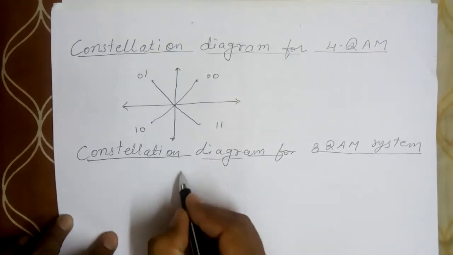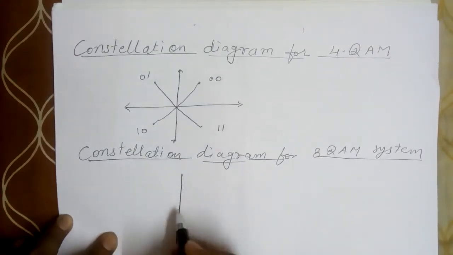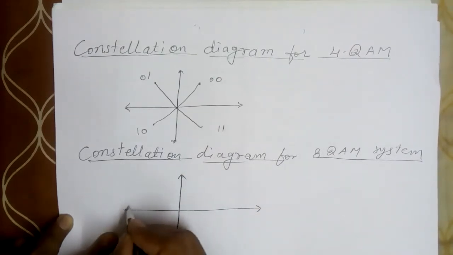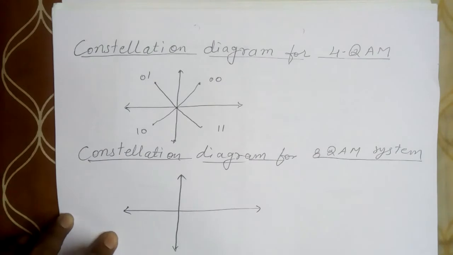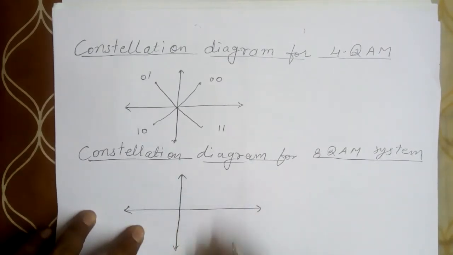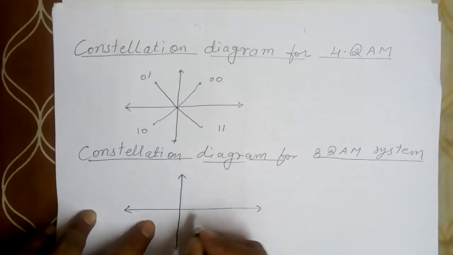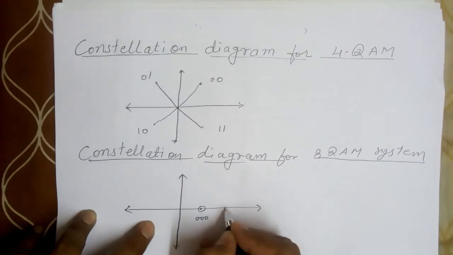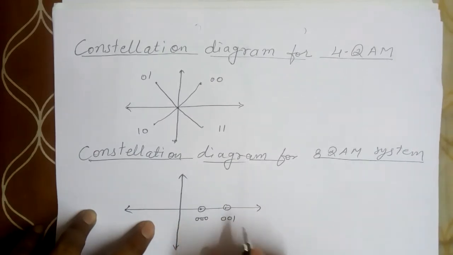So here there are 3 bits to represent a signal. So here we have 0, 0, 0. Here we have 0, 0, 1.